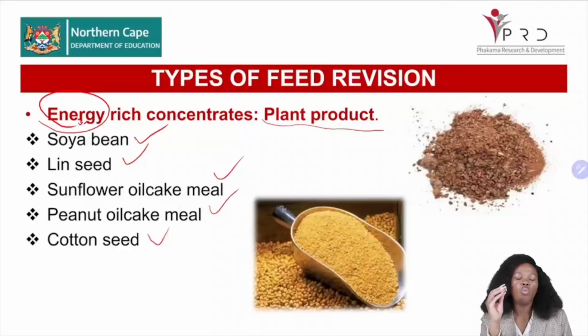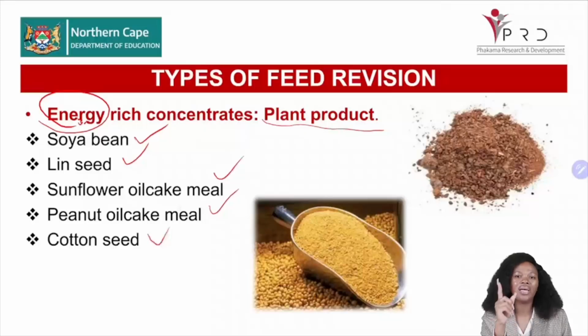And please, when differentiating between concentrates and roughages, understand that once a feed is a meal, you must understand that the feed is a concentrate. Maize meal ends with meal, that is a concentrate. If a term or a feed ends with seed, also a concentrate.